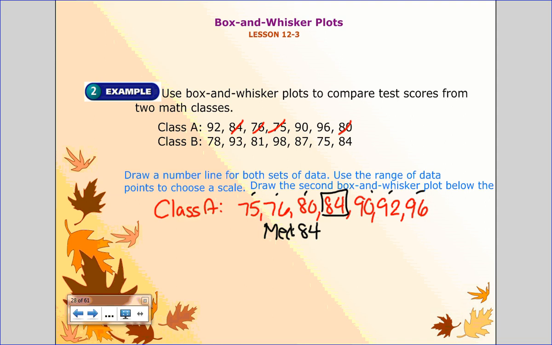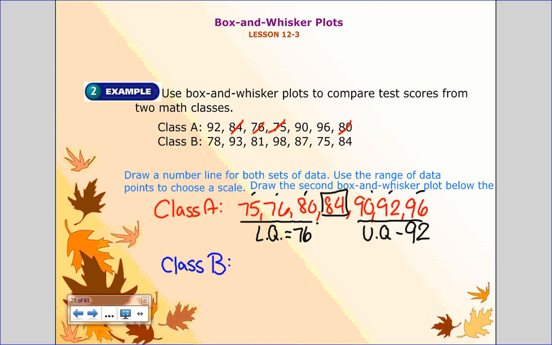And then let's see, I have to find the lower and upper quartiles. And here there's only 3 numbers, so my lower quartile looks like it's going to be 76. And my upper quartile, since there's only 3 numbers, is going to be 92. That's that information.